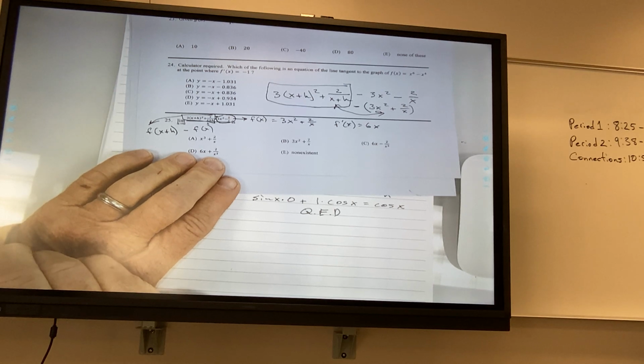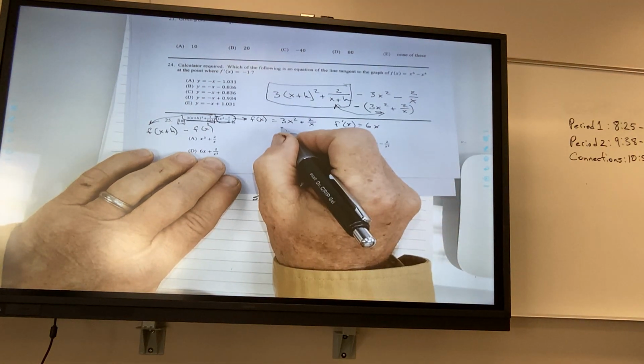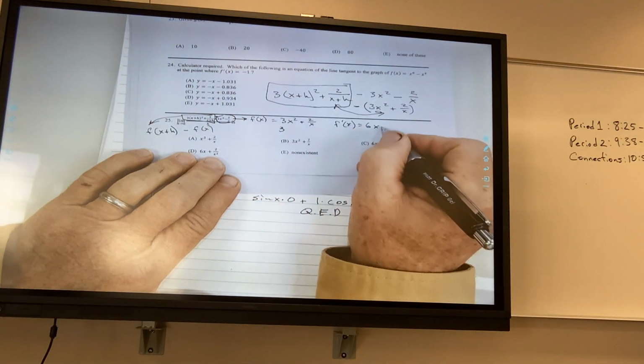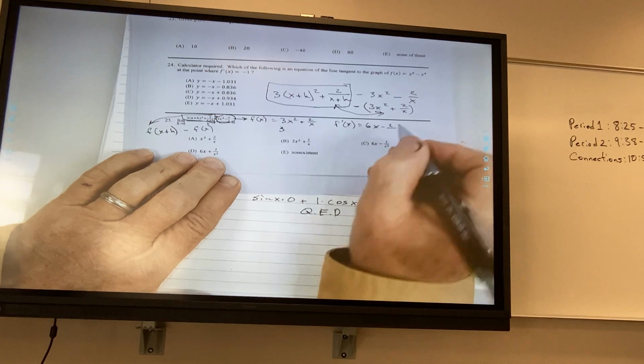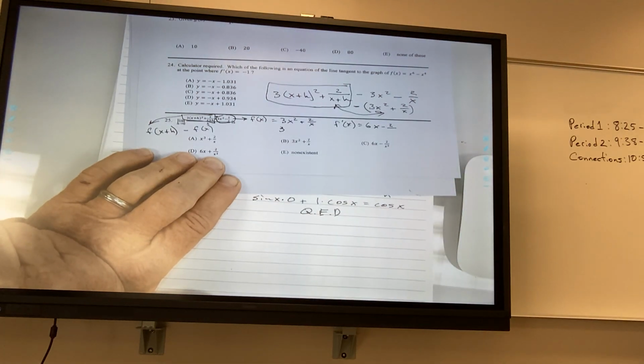It's 6x. You're right so far. You don't have to be perfect. Just learned about this yesterday. I'll rewrite this. Oh, is it -2? Oh yeah, it is a -2 over what? Not the square root.